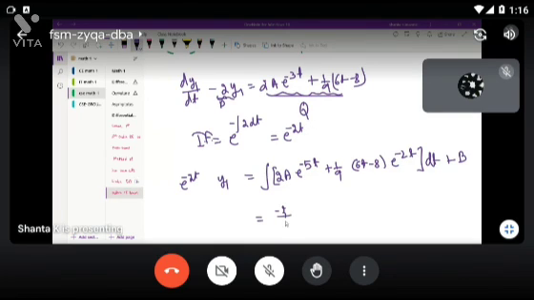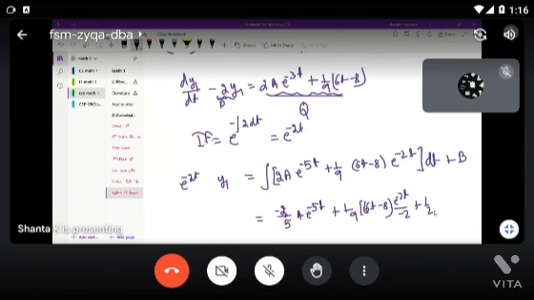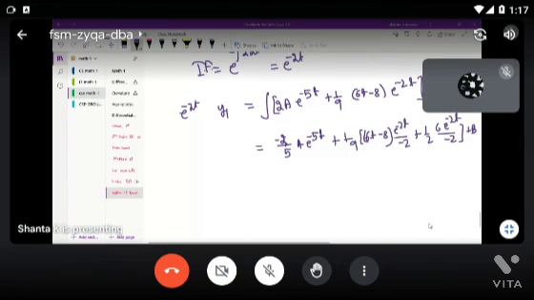Minus 2 by 5. Then e power minus 2t by minus 2. The next term will be 1 by 2, 6 e power minus 2t by minus 2, plus the constant of integration. Okay, so the y1 is, again this will come to this side, then e plus 2t.